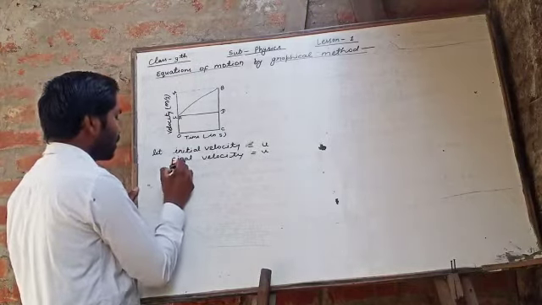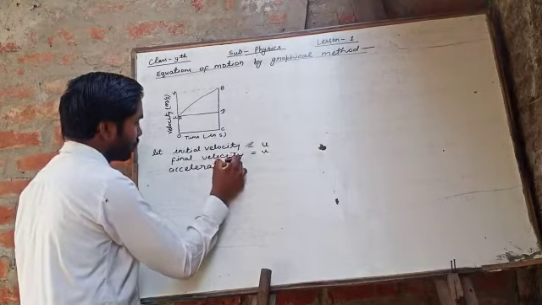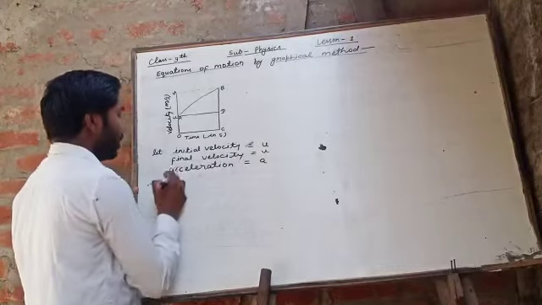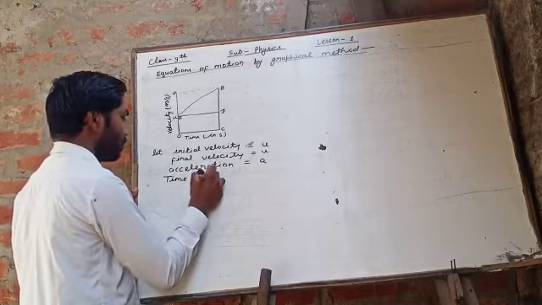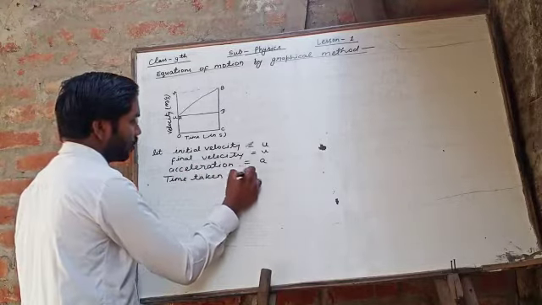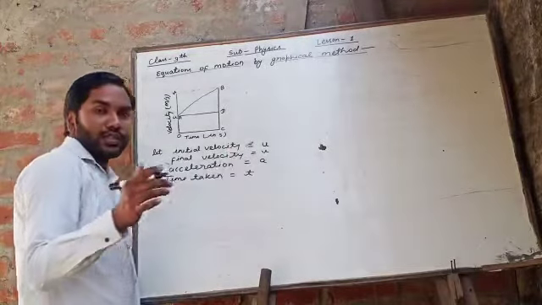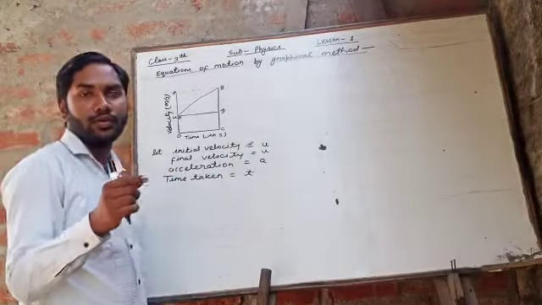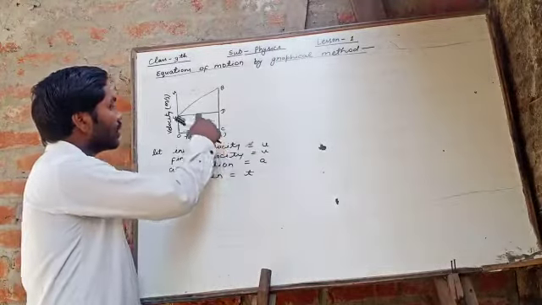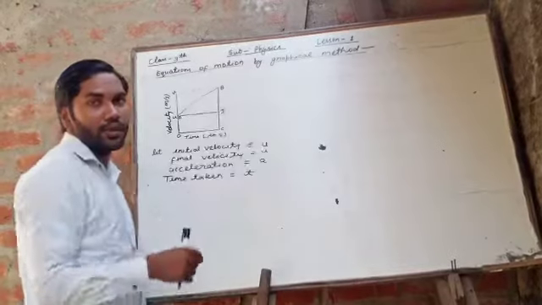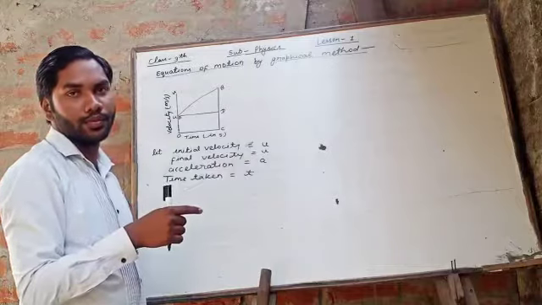Let the acceleration be a and the time taken t. This means the body is moving with initial velocity u, and after t time it gets its final velocity v, and its uniform acceleration is a.